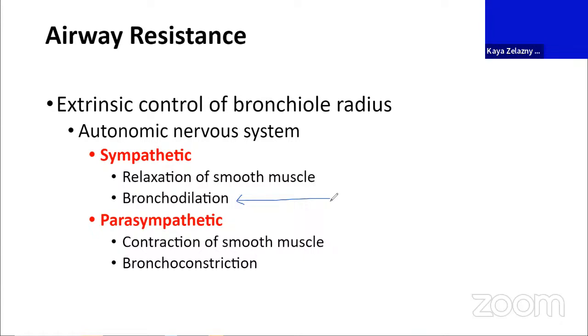Now, a new thing, we haven't talked about our parasympathetics much in a while, right? So our parasympathetics were less important when we were thinking about our blood vessels, but they are going to affect our bronchioles. Okay?